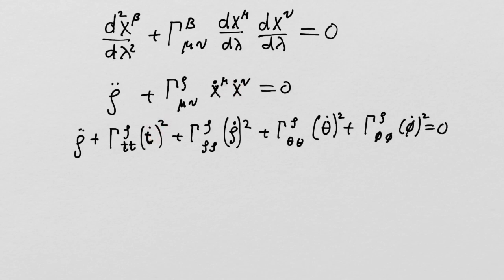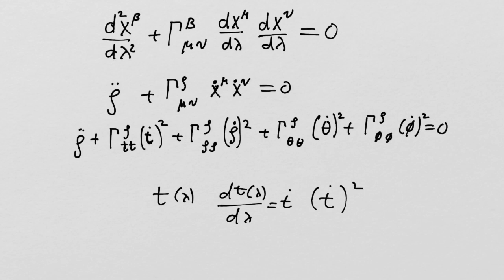So the function that solves this geodesic equation is t of lambda, and dt of lambda with respect to lambda equals t dot, and we're actually asking for that function squared right there. And that's true for all of these. Each of these is the same.